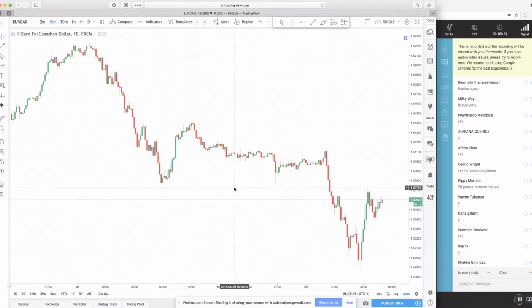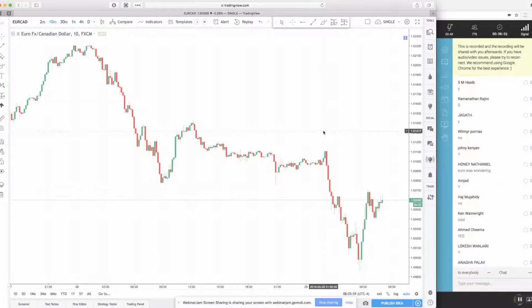Let's begin. Now, the common thing when it comes to trading is, should I use indicators or not? And you guys have heard me countless times saying, do not, right? Stay away from indicators. Indicators are dangerous.